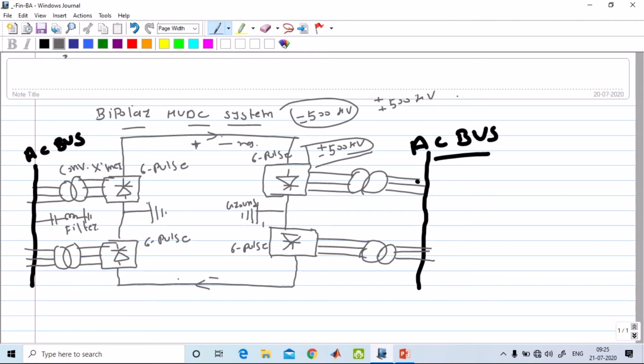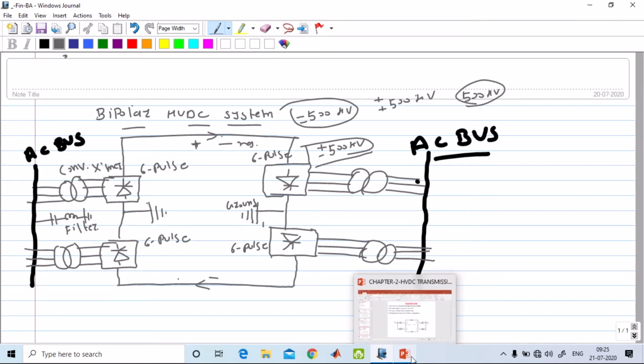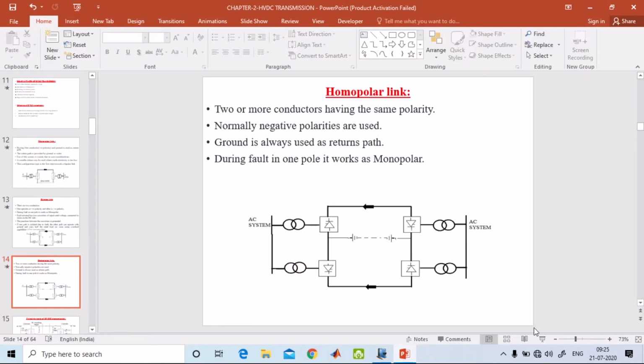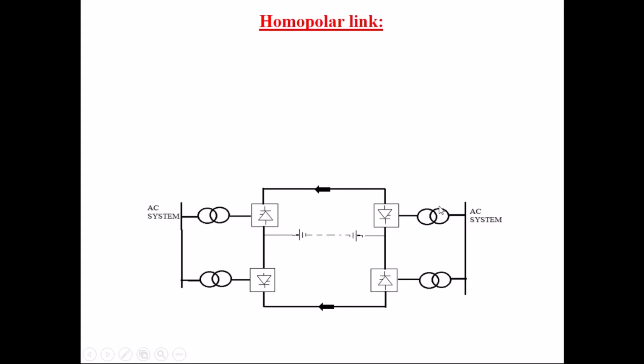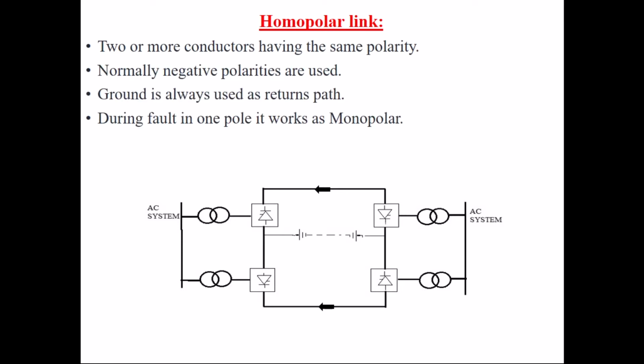If no sign is given, only 500 kV, then it means that it is operated in monopolar operation, because there is only one conductor. So from the rating of the HVDC system you can identify which type of HVDC link is used in that particular system. I hope it is clear to all of you, the different types of HVDC link.